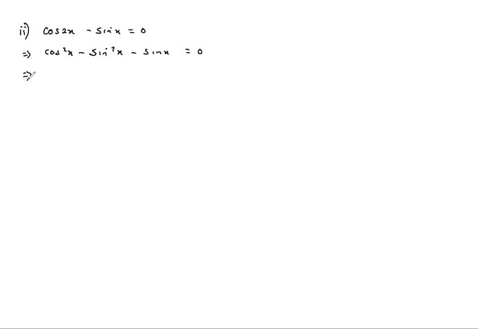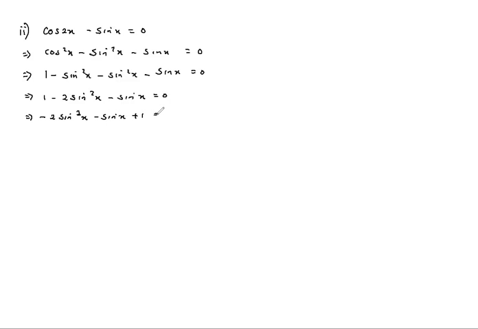Because we have a combination of cos squared and sine which is not squared, we'll have to change cos squared to 1 minus sine squared. And then have 1 minus 2 sine squared x minus sine x is 0. So that we remain with minus 2 sine squared x minus sine x plus 1 is 0.